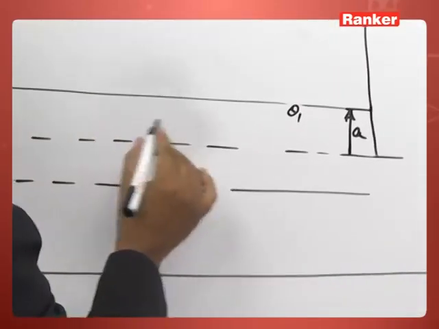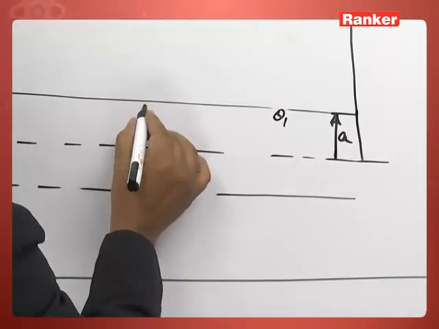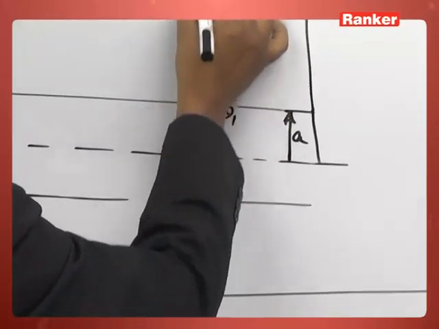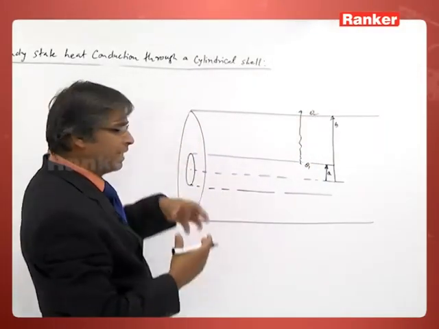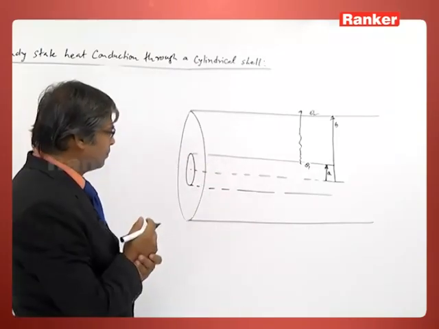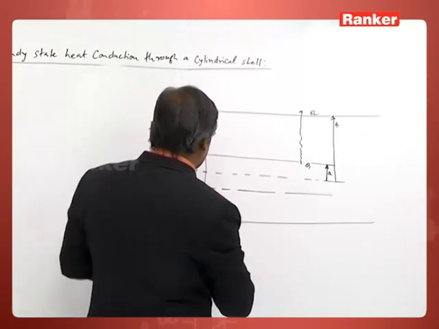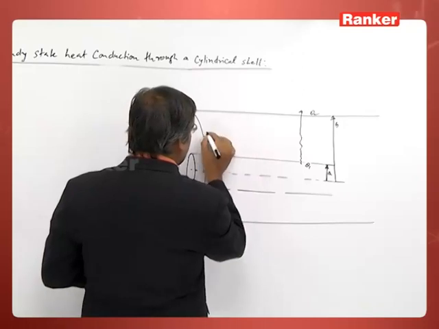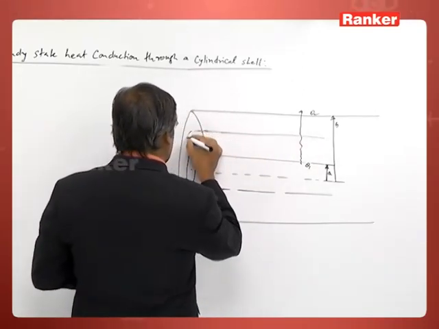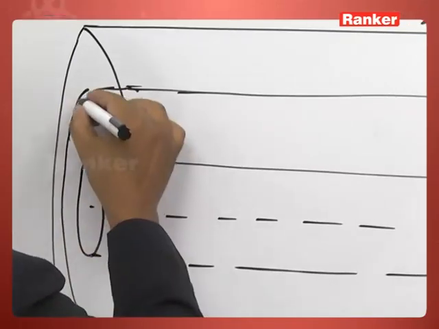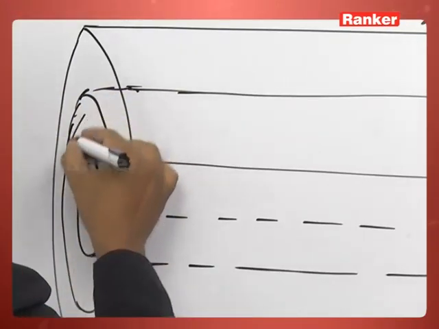So, what happens? The heat flows from inner to outer in the radial direction. In order to study how the heat flows, again let us consider an annular region. This is the annular region that I am going to shade.